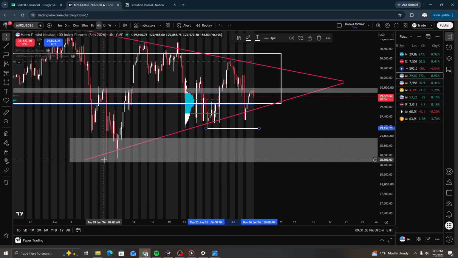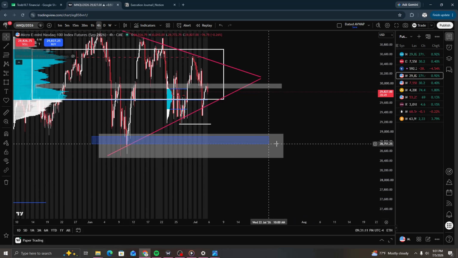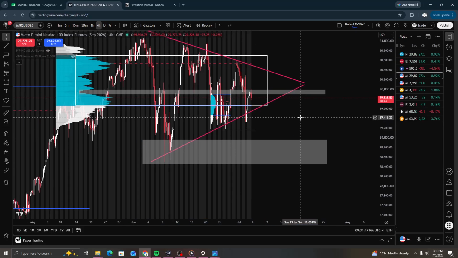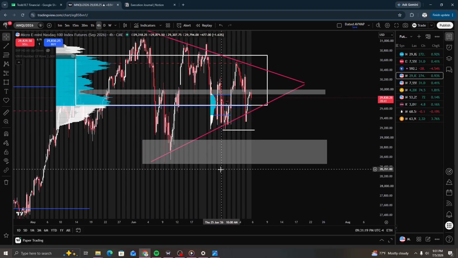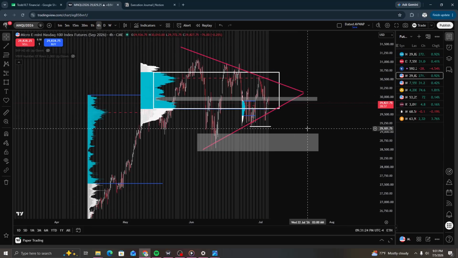And then if we broke this area and I was looking for continuation, like, oh, if we break this level, that's really bad. Well, when you think about it, if volume is going to start getting developed here, the pop below those lows are just going to be brief and we're going to return right back to value. And you need to be looking for the inefficiency from here to here. I know this is very hard to comprehend.